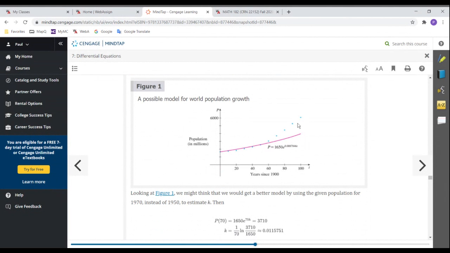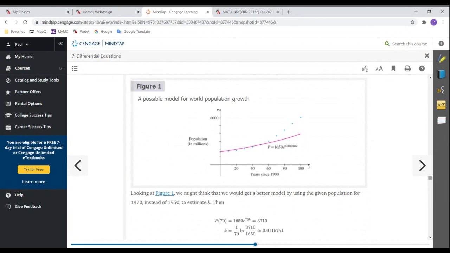For instance, at time equals 0, the population was 1,650 million. The vertical P scale is by 1,000. They start at 1650, and the data points are just the coordinates plotted from the table. It's a scatter plot.